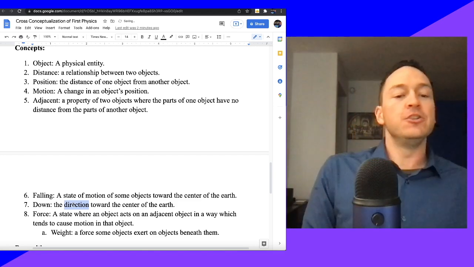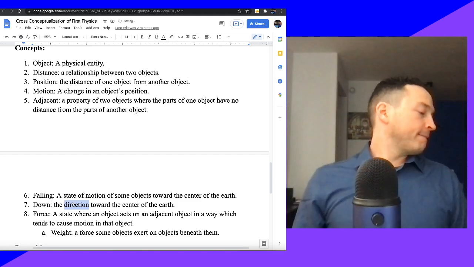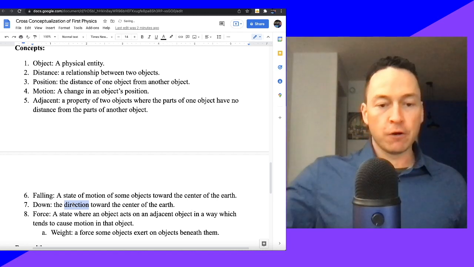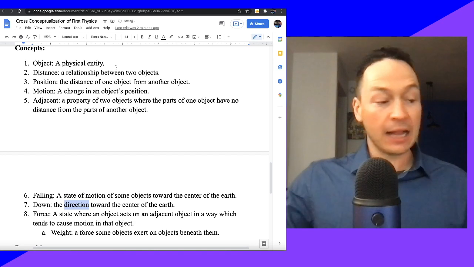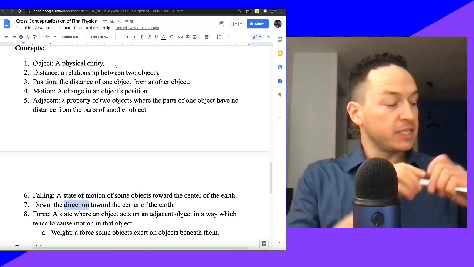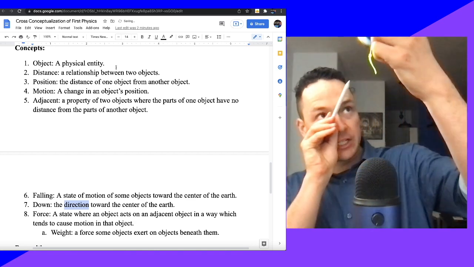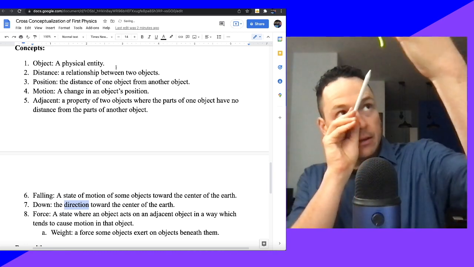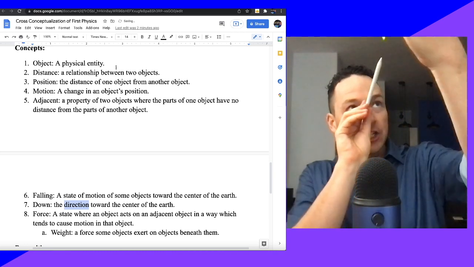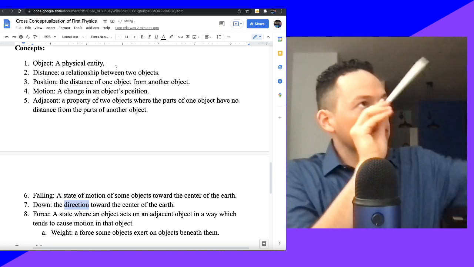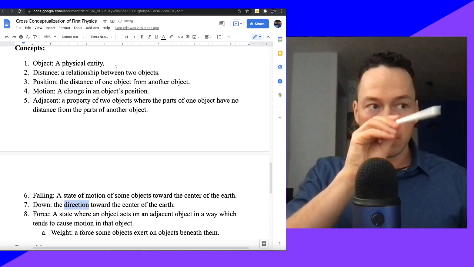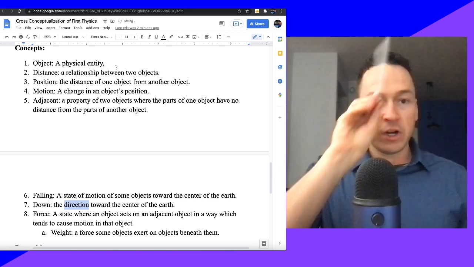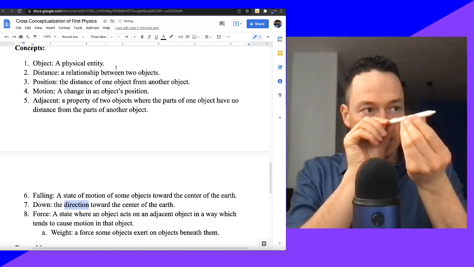So for now, well, here's something interesting. When we say it points in a certain direction, direction is also relative. What is the direction of this thing?